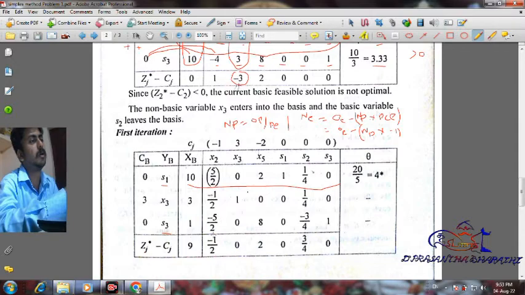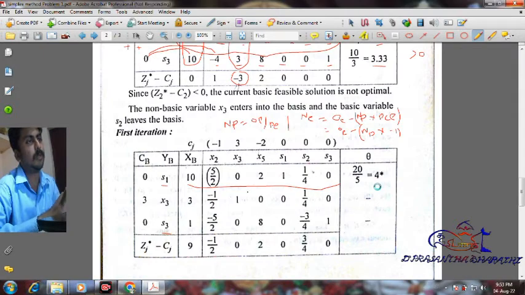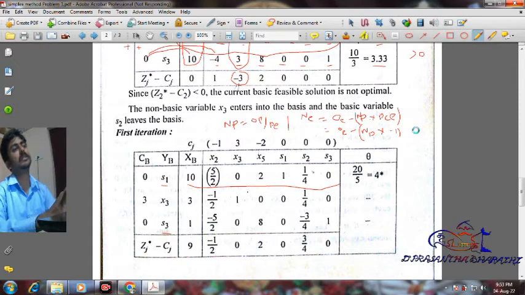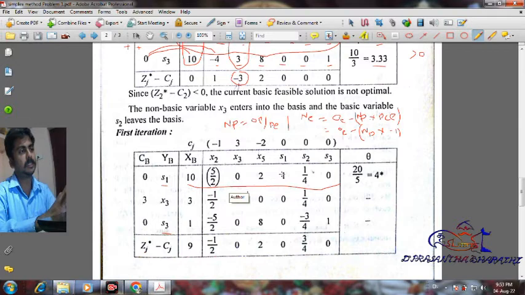So 1 divided by minus 5 by 2, and we get only this, that is 20 divided by 5 equal to 4. So this is called the pivot row.